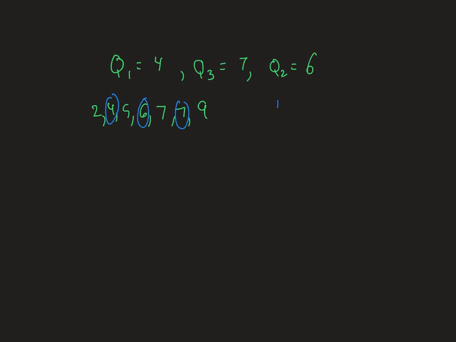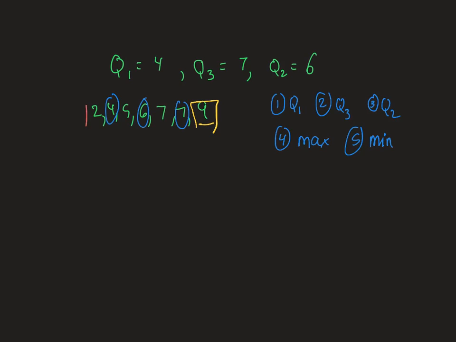You need your Q1, your Q2, your Q3, and then finally your max and your min. So your biggest number and your smallest number. And in this case, your biggest number is 9, and your smallest number is 2.